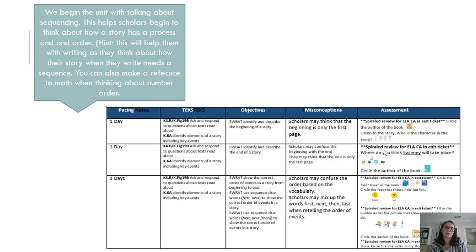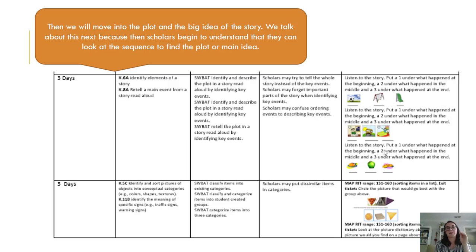So this process, like I said, will lead into plot or the big idea. So that's what we're going to talk about now. As we move into plot, we talk about how scholars can use their sequencing to help understand the plot or find the plot or the big idea or main idea. This is a really, really important topic in reading because as adults and as college students, our scholars will be expected to understand the plot.